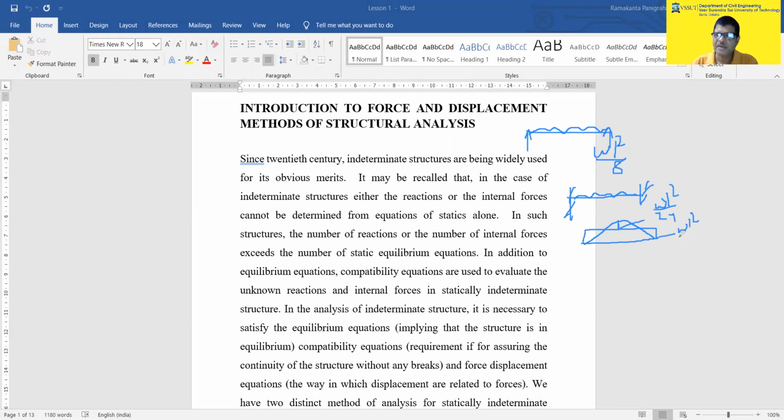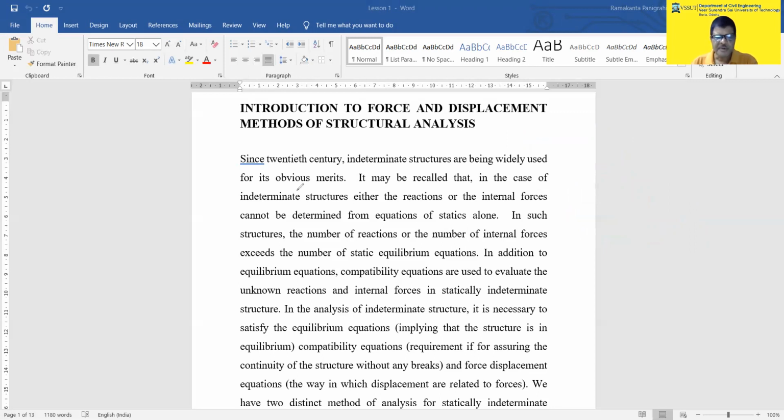So we see the value has changed, WL square by 8 to WL square by 12. So the advantage of indeterminate structures is there. If you look at continuous beams, they also have some advantages, reducing bending moments. Once the bending moment reduces, the section requirement also will be less. So they have their merits, for obvious reasons.